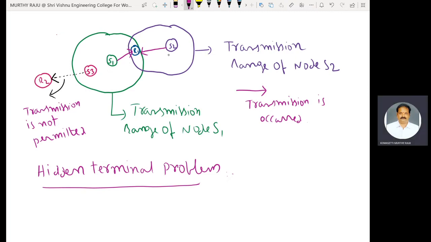S1 and S2 are source nodes, and they are not within the transmission range of each other. That means S1 doesn't know the presence of S2, and S2 doesn't know the presence of S1. That is called the hidden terminal problem.